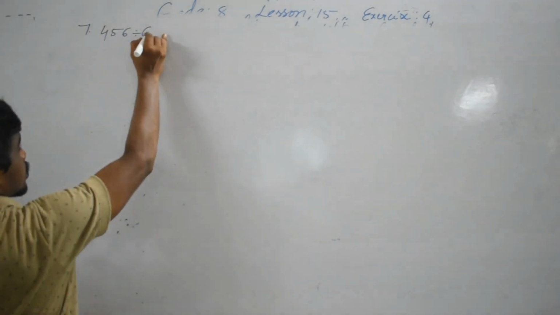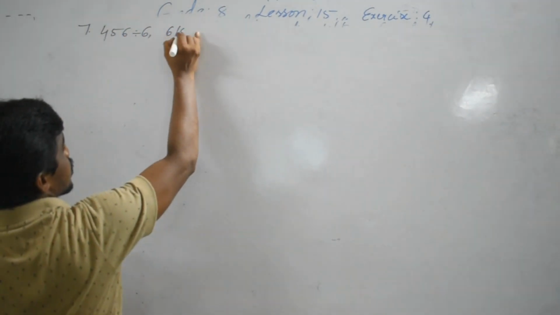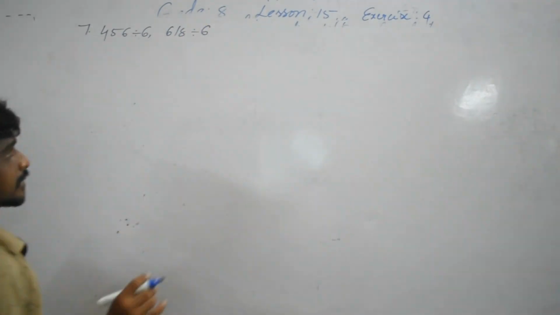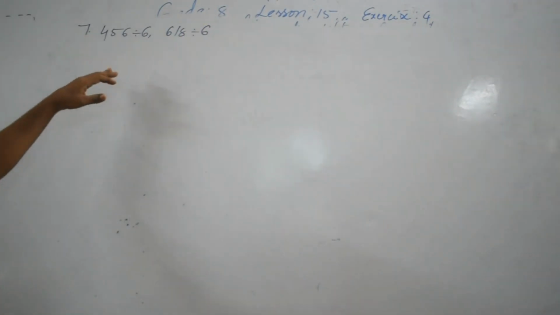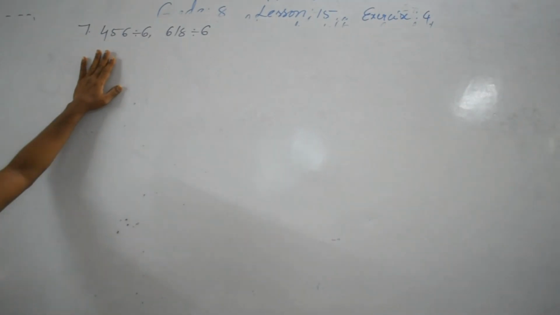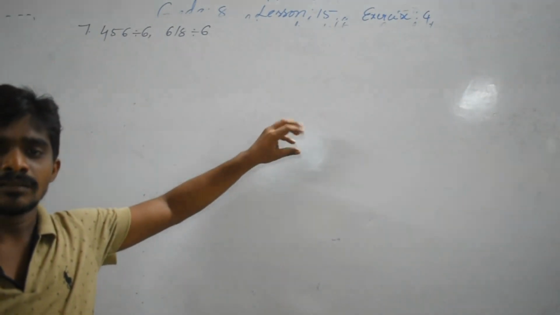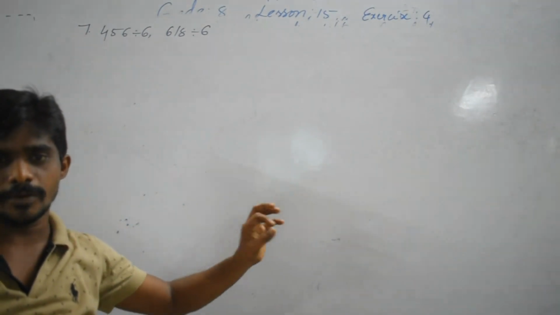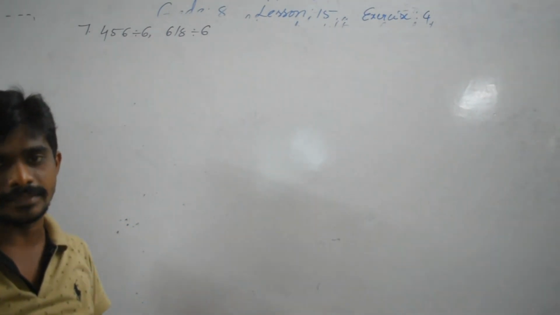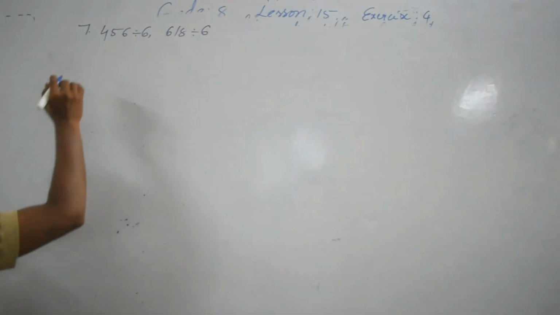What is the 6 divisibility rule? A number is divisible by 6 when that number is divisible by 2 and divisible by 3, then that number is also divisible by 6.